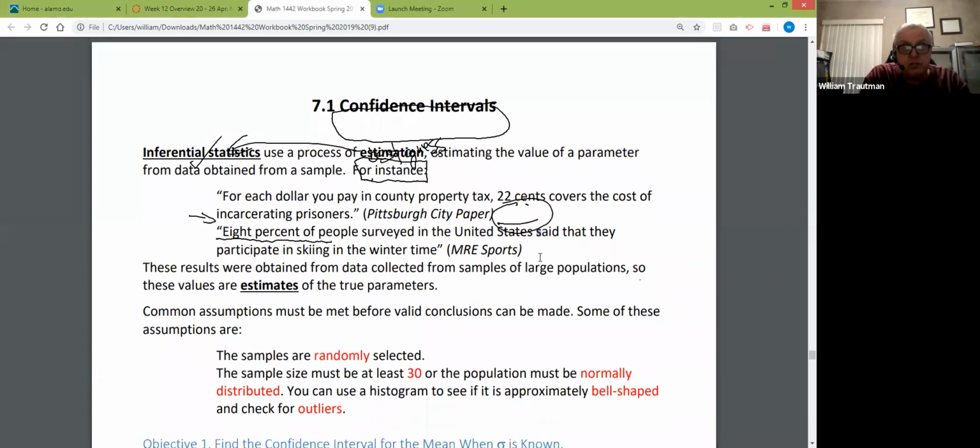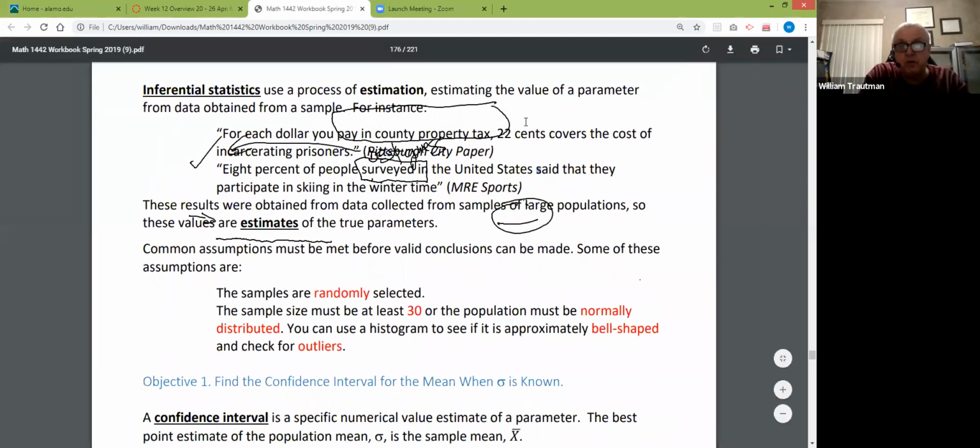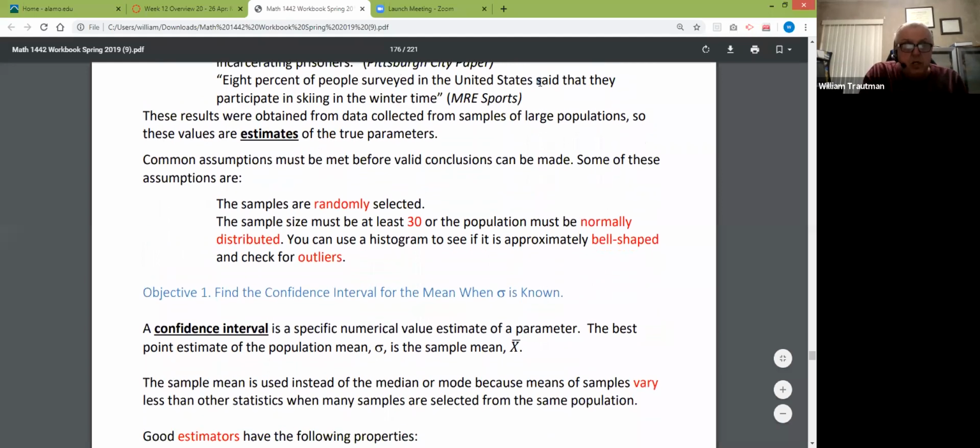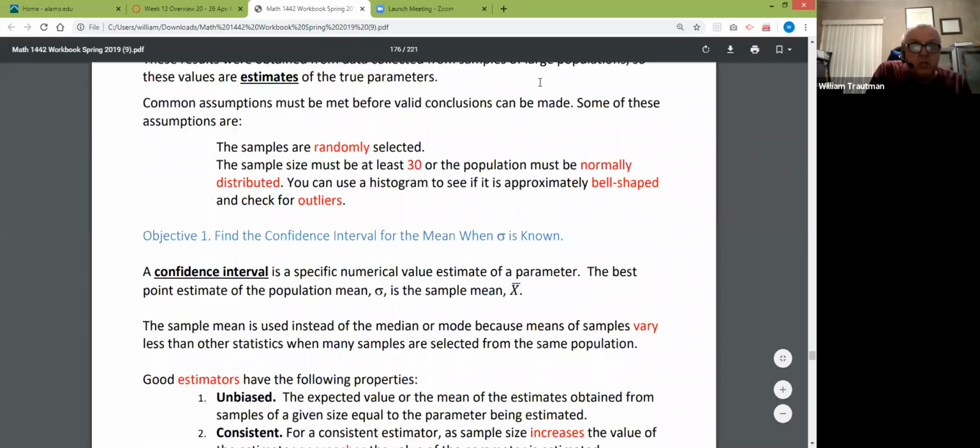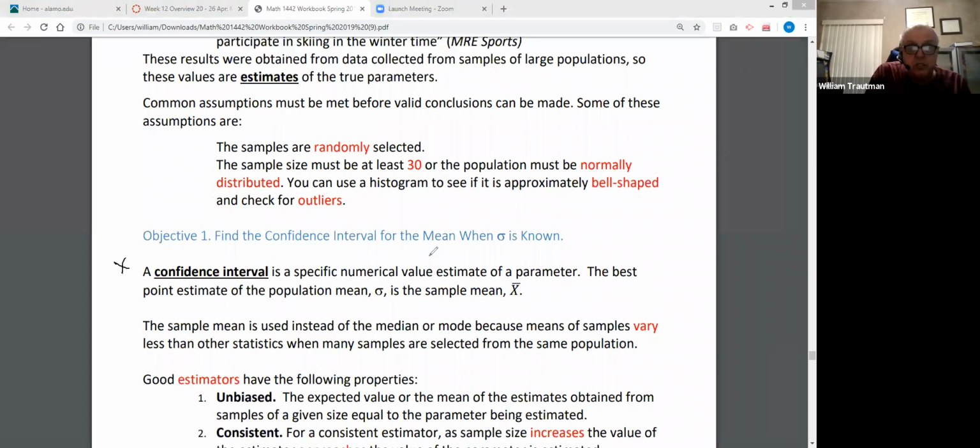Let's see what else. The rest of this, not too worried about. Once again, a confidence interval. That's what we're doing. It's an estimate of a parameter. You're guessing that your data is going to fall, the low end. The low is always going to be on the left side, and the high is always going to be on the right side.